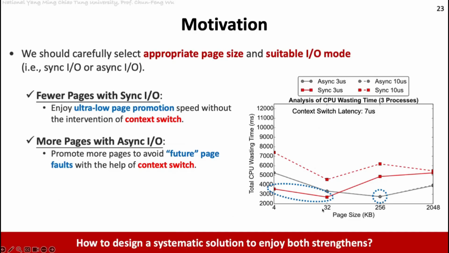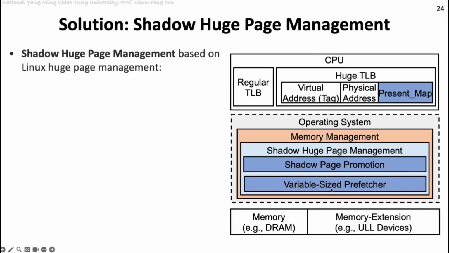Needless to say, you cannot choose 32 kilobyte or 256 kilobyte if you use an Intel CPU. So how to break this constraint? How to let a system support this kind of 32 kilobyte page is one critical thing that we are going to achieve.